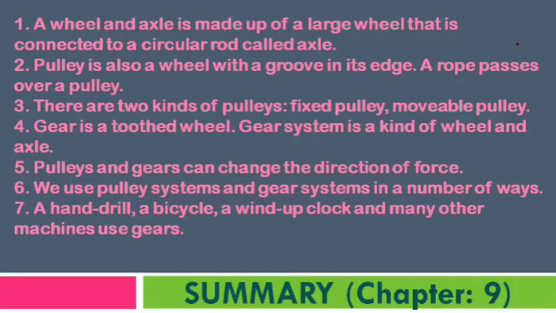We have studied some examples, like the crank of the wheel, steering wheel, wind up clock, hand beater, bicycle, and lots of other things. So we have seen hand drill, bicycle, wind up clock, and many other machines in which we use gears and pulleys.